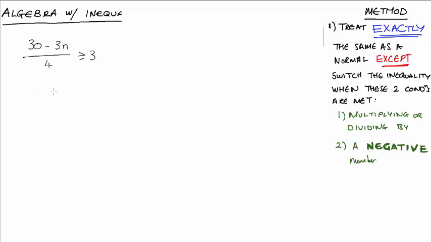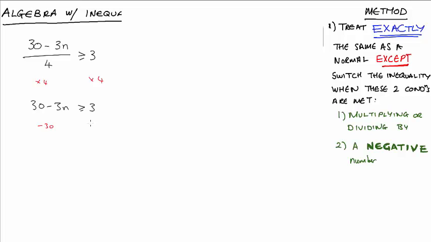Take this step by step and solve it like you would if this was an equal sign. The first thing you do is times by 4. That's multiplying by a positive number, so don't flip anything. Now you have 30 minus 3n is greater than or equal to 3.